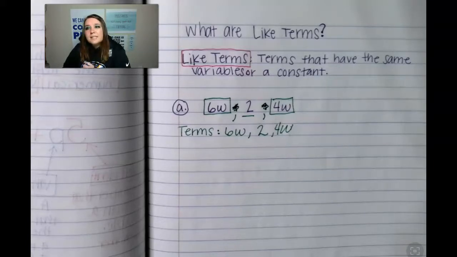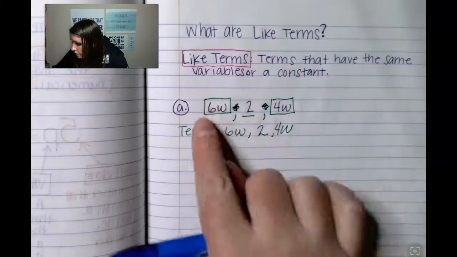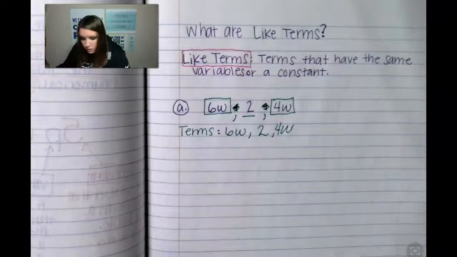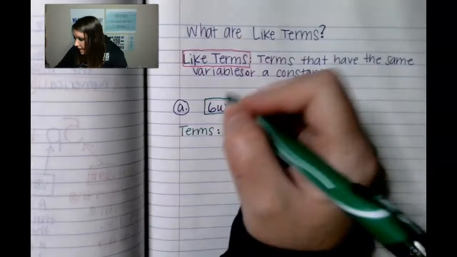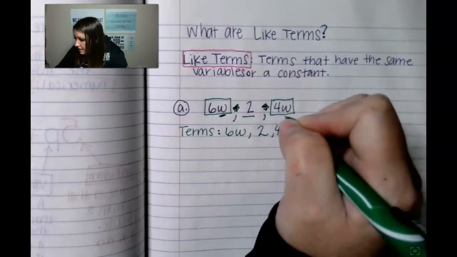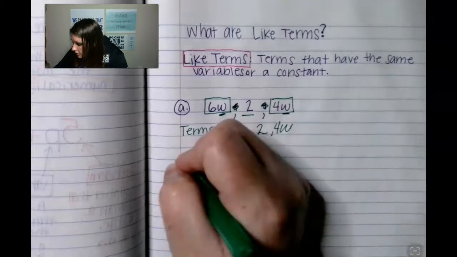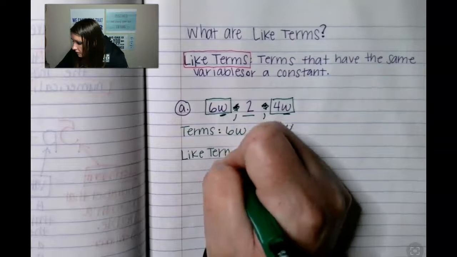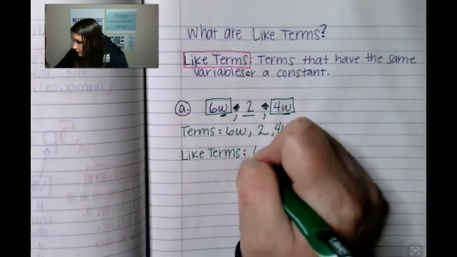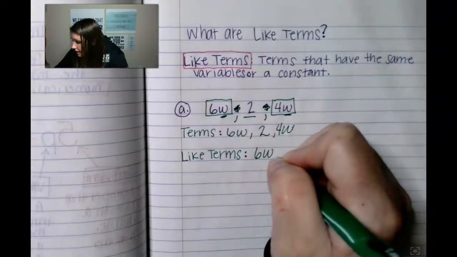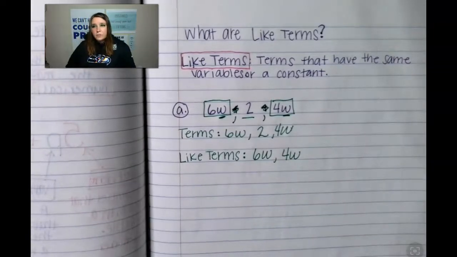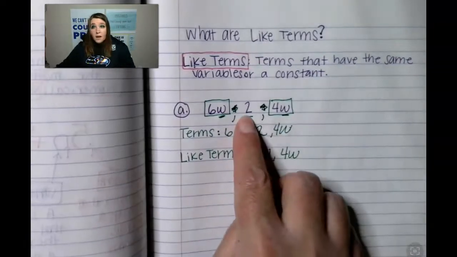Now, what terms are the same? The terms that are the same are the ones that are in common. So if we look at the two that I put a box around, these two green ones, this 6W has a W, and this one has a W. So these are like terms, the 6W and the 4W.